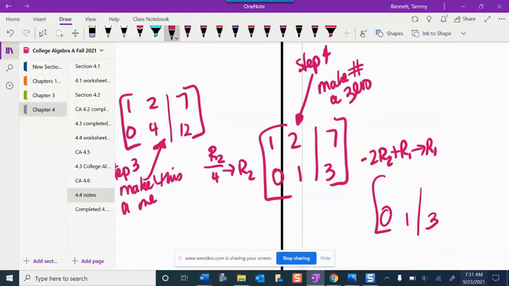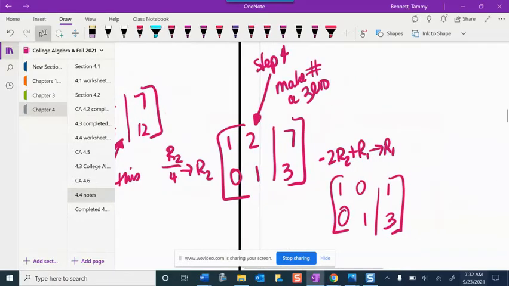First row, you take negative 2 times 0 is 0, plus 1 is 1. This gives me negative 2 plus 2 is 0. And then 3 times negative 2 is negative 6 plus 7 is 1. So what that means is this number in this spot is x equals 1. And the number here is y equals 3.